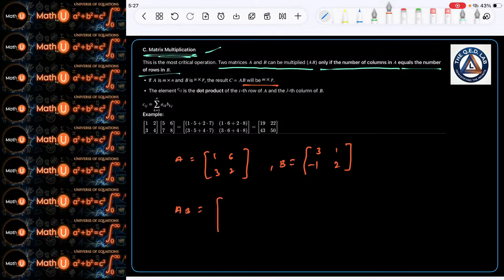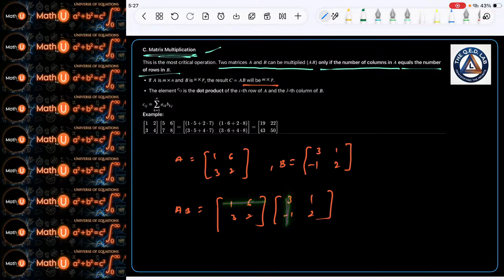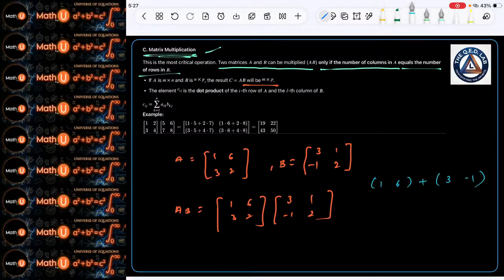AB is equal to 1 6 3 2 times 3 1 minus 1 2. First you should multiply the first row with the first column, remember. Write down 1 6 and 3 minus 1, this is the shortcut trick you can remember.